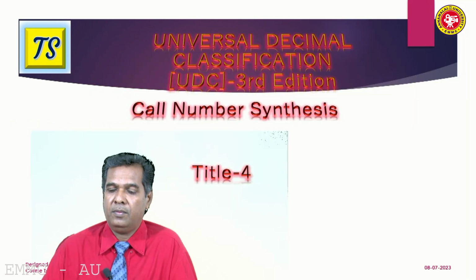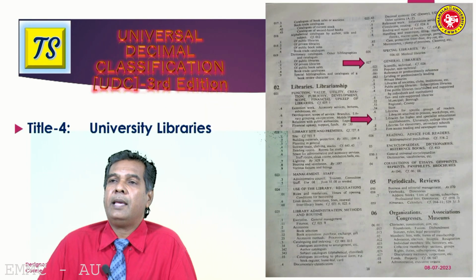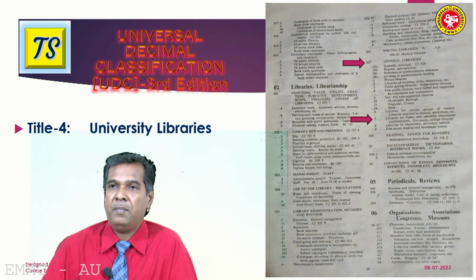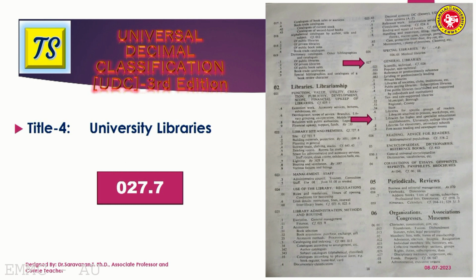Title 4. Let us see. The title is University Libraries. The same schedule, page 28. See the number for University Libraries: 027.7. The dot 7. So under 02, you must go to 027, general libraries.